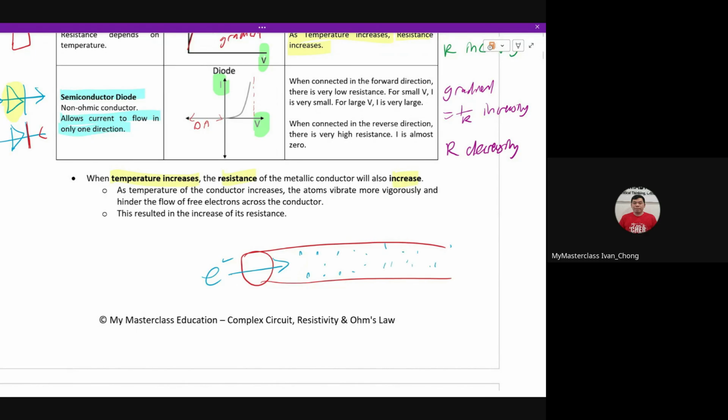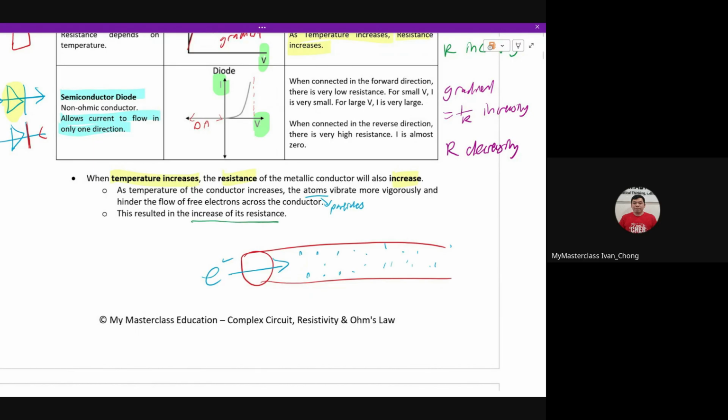If you gain heat, your particles move faster and faster, like an obstacle course but super fast. So it's more difficult to flow through. Don't forget, current is the flow of electric charges. If it's more difficult to flow through, you will have more resistance.